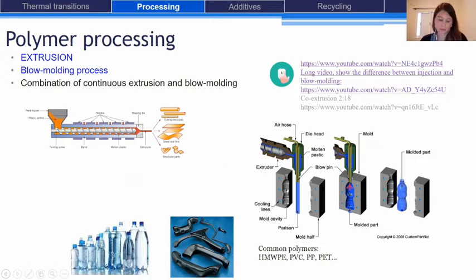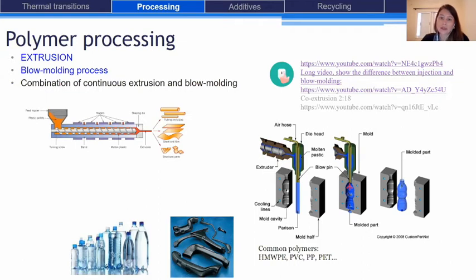Another variation of extrusion is the combination of extrusion and molding. So we call it the blow molding process. So in that case, we have an extruder that will form a tube, and we will couple it with a mold.